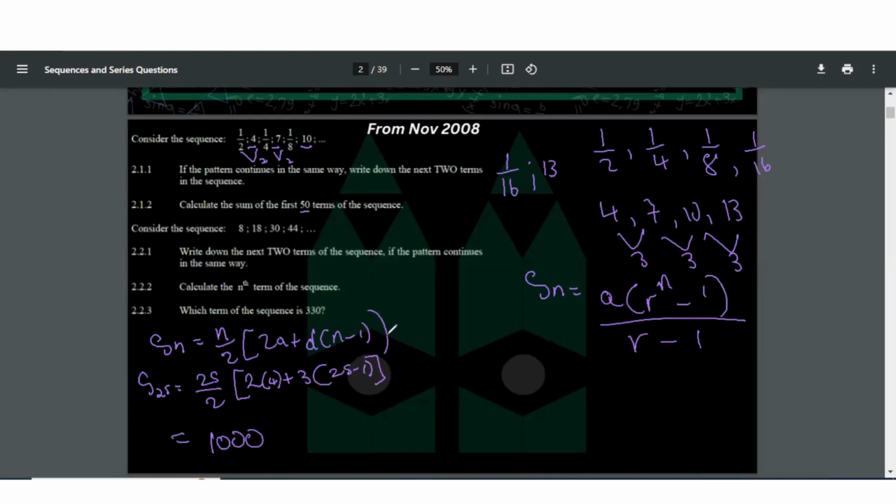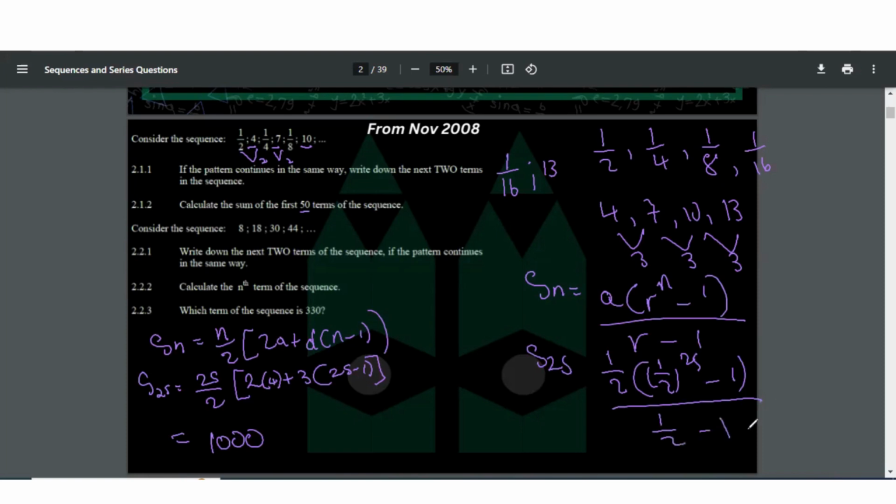So to substitute in there, we'd have S25, because again, it's only 25 terms of a geometric sequence. Then our a is going to be 1 over 2, and our r here is also going to be 1 over 2. And then that would be raised to the power of 25, subtract 1, divided by 1 over 2, minus 1.